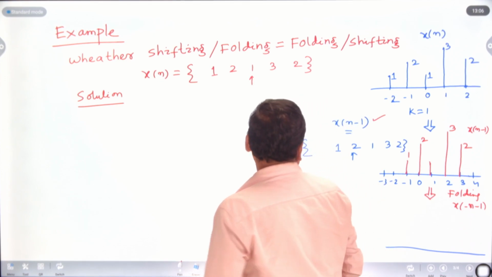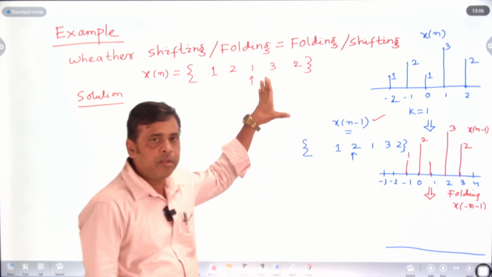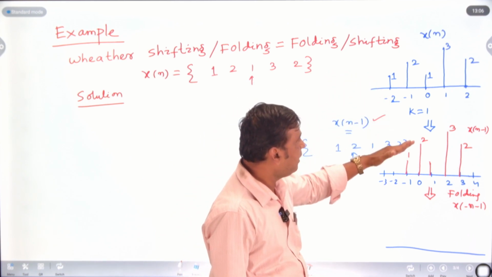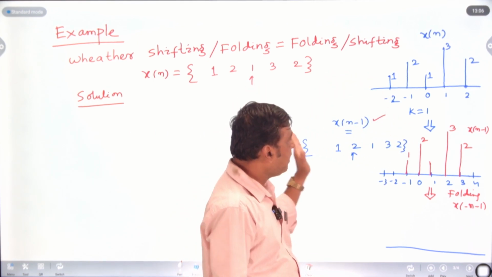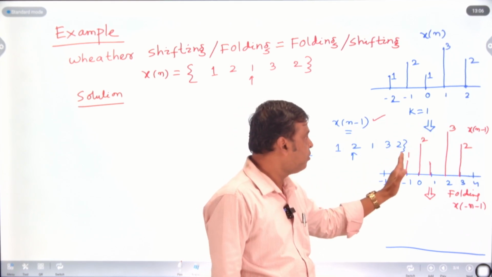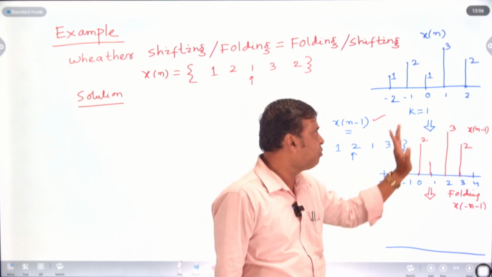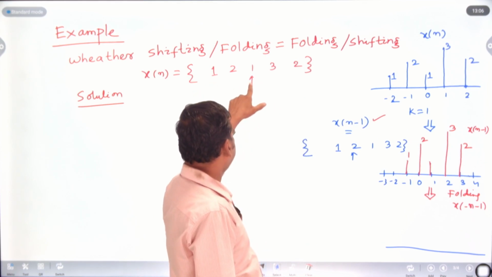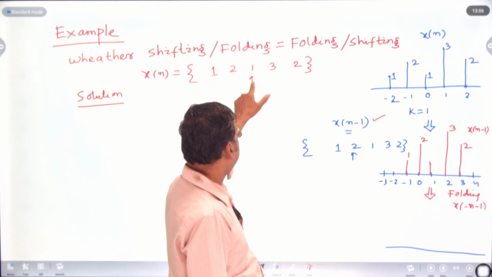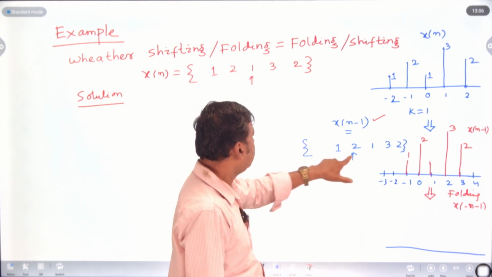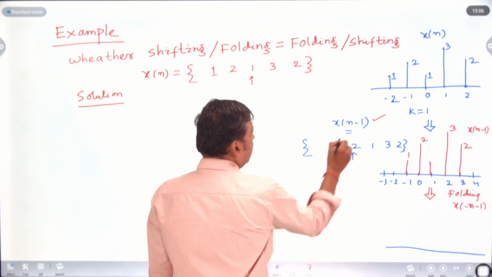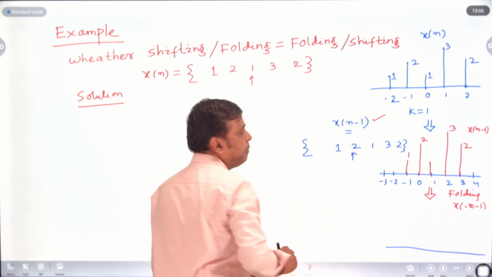Already I told you, if x of n is given, shifting means delaying. Graphically each unit of sample is shifted towards the right, since k is 1 means 1 unit, and the arrow mark is shifted to the left. Originally the arrow mark for x of n was here, and it is shifted to the left by 1 unit, since k is equal to 1. This is nothing but x of n minus 1.